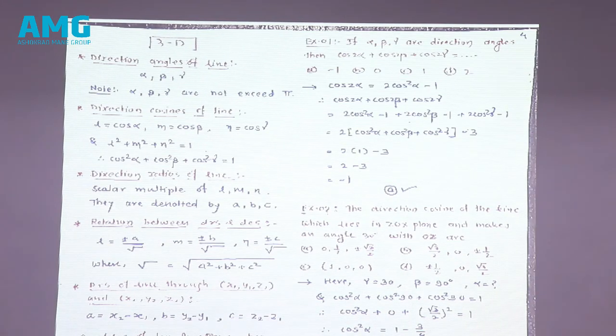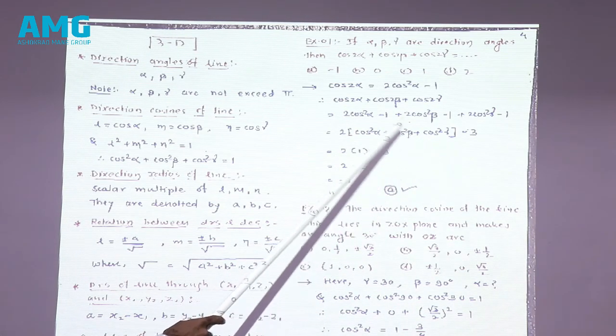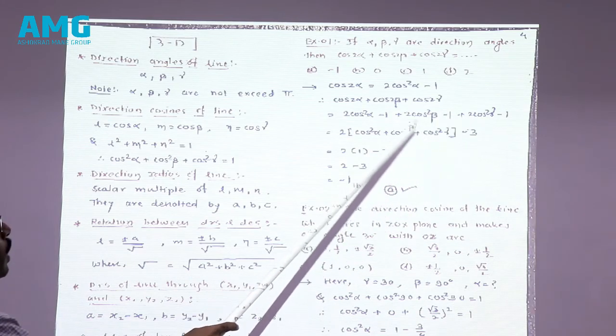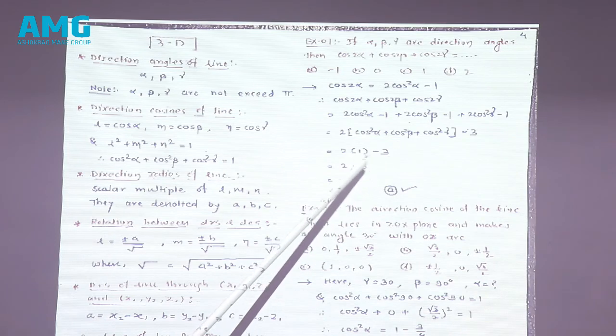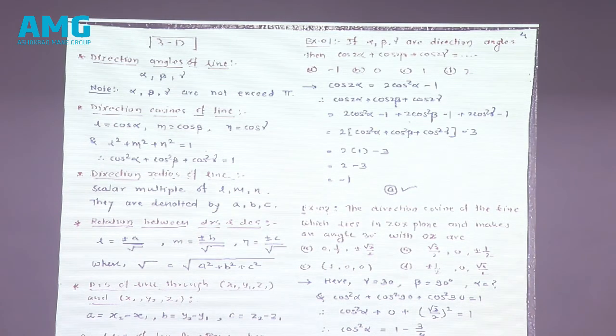Take 2 common, the cosine square terms are present in the bracket, and the sum is 1, minus 1 minus 1 becomes −3. So 2 into 1 and −3, the output is −1, and the first option is the correct solution.